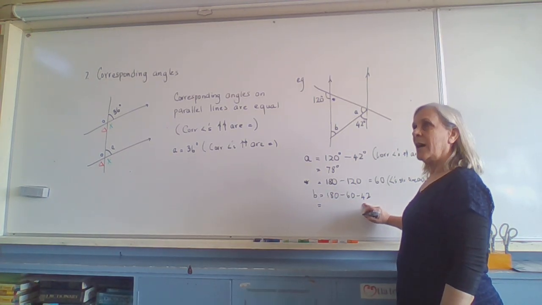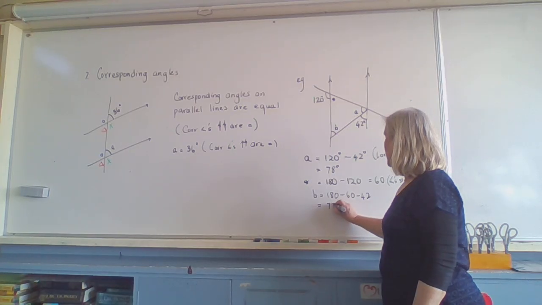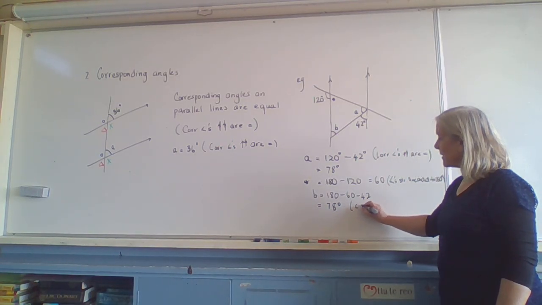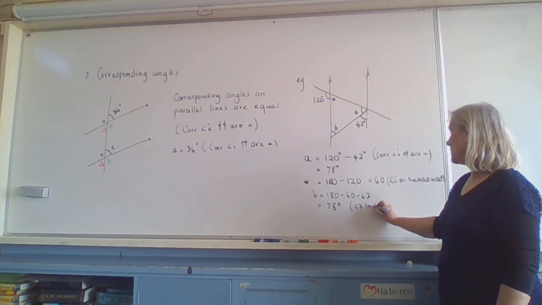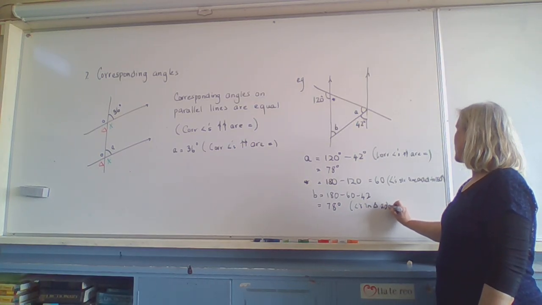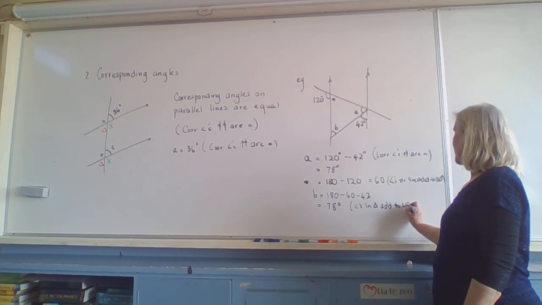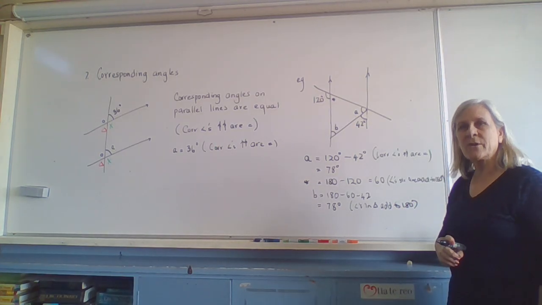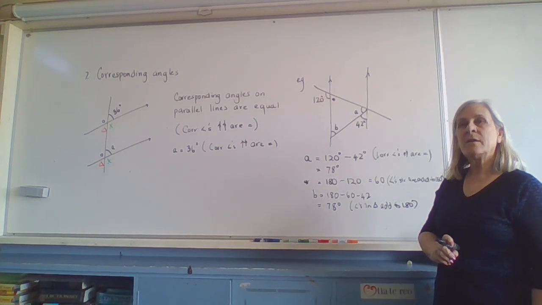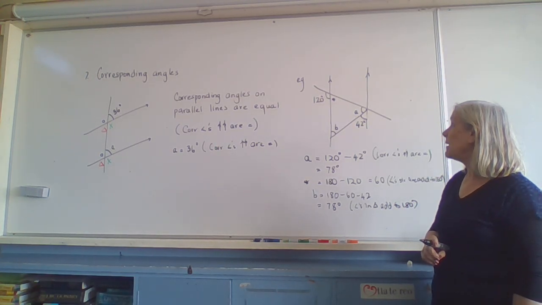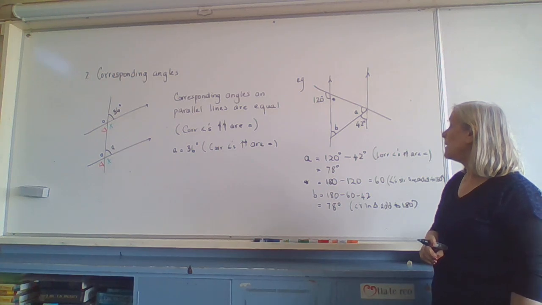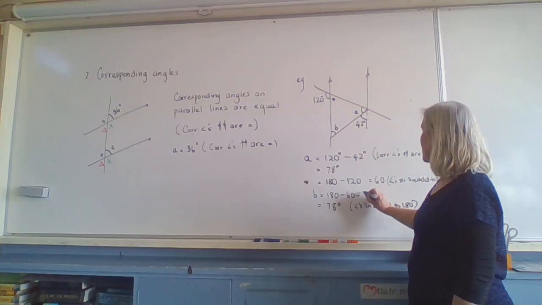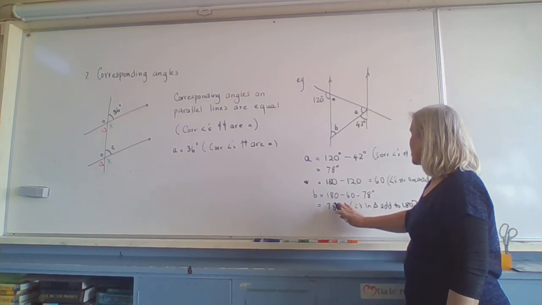78. Well, that's interesting. A and B are the same. Why are A and B the same? Because there was another way we could have found them. Emma? Is A not 78 degrees, so why would you subtract 42 from? Oh, okay. 78 makes it 42, doesn't it?